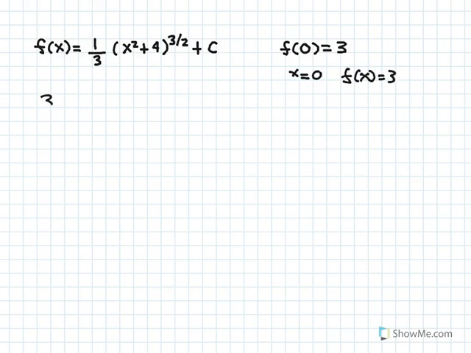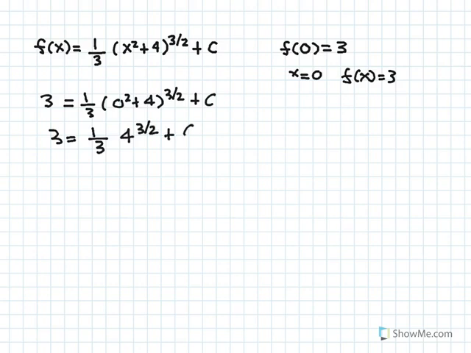So we'll replace f of x by 3: 1/3, 0 squared plus 4 to the power of 3/2 plus c. So we get 3 is equal to 1/3, 4 to the 3/2 plus c.